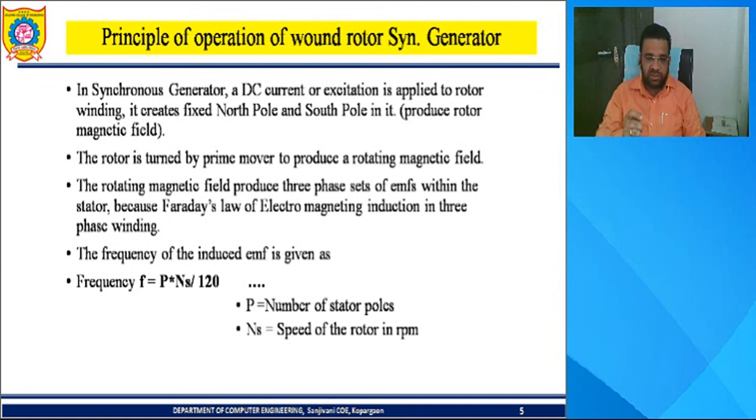So P, the number of poles, is fixed. The synchronous speed is the speed the rotor achieves, and it is fixed, and the number of poles is fixed. So the frequency generated is also a fixed one.